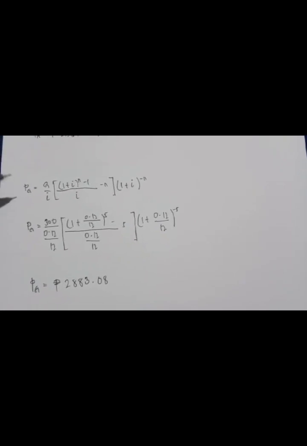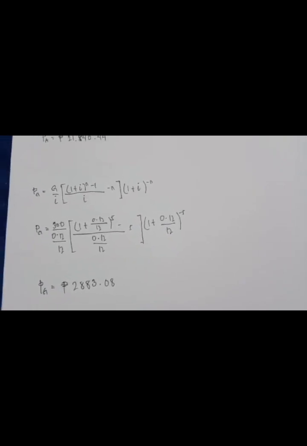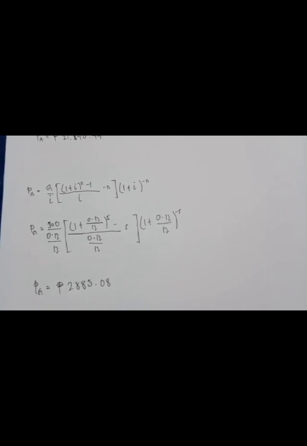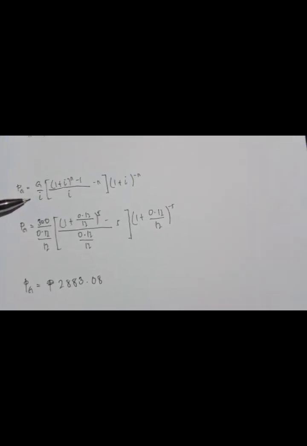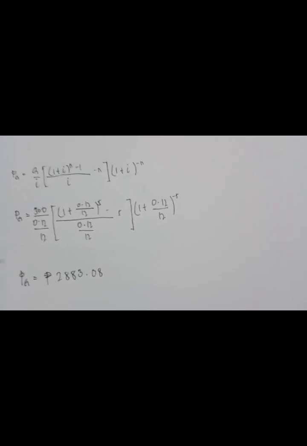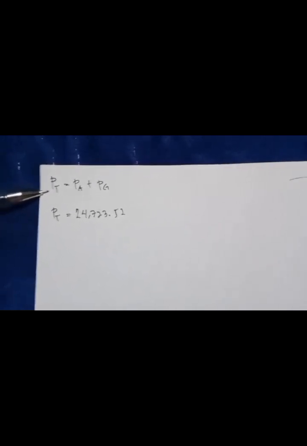Next is getting the present gradient. So this is our formula, and again we just substitute the value into our formula to get the present gradient. So solving for the total present worth, we have this formula, and let's just substitute the value to get the present worth.